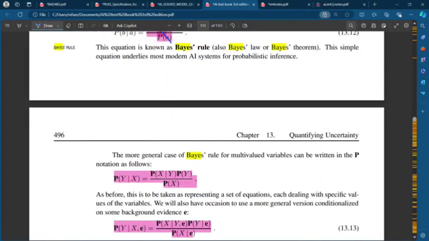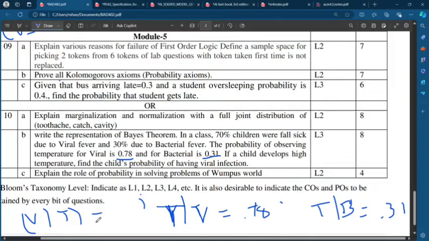Now I have to calculate V given T. In the textbook I told you, right? See here, P of y given x can be written as P of x given y into P of y divided by P of x.